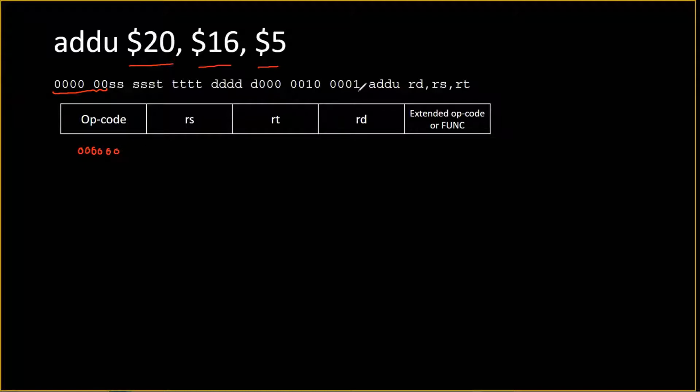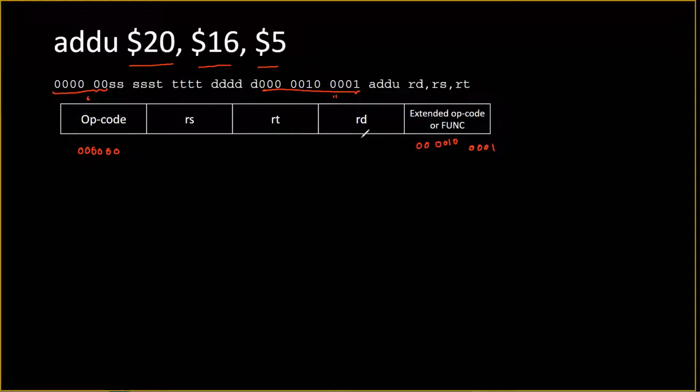And then the last part, which is 8 and 3, so 11 bits, is the extended operation code. So we can put that here: 1, 2, and then 0, 0, 1, 0, 0, 0, 0, 1. So that is the extended code.